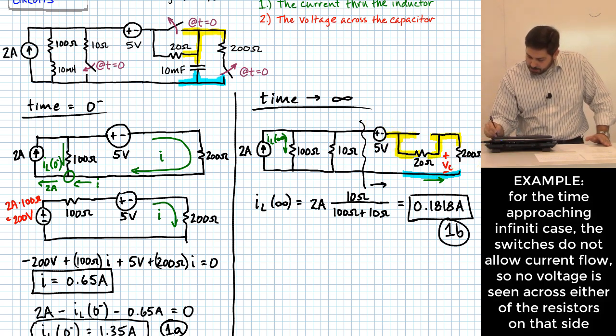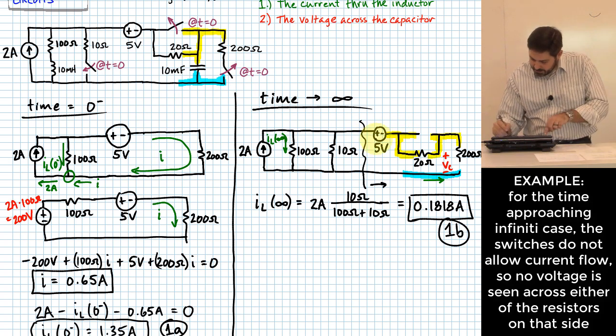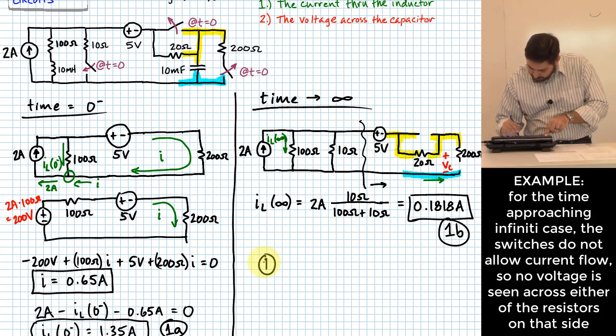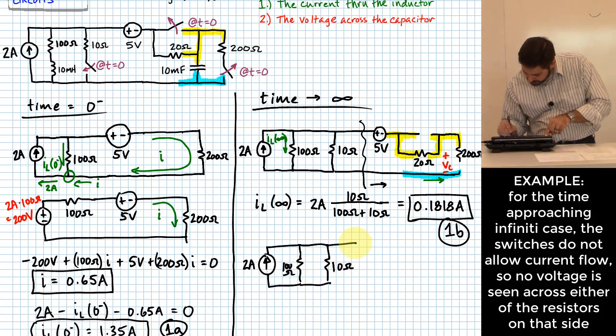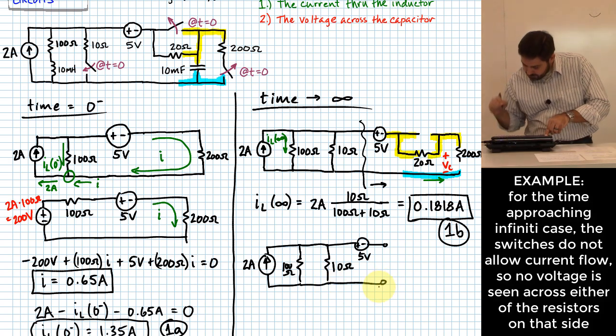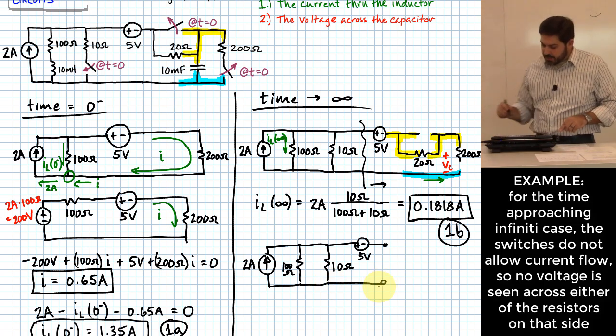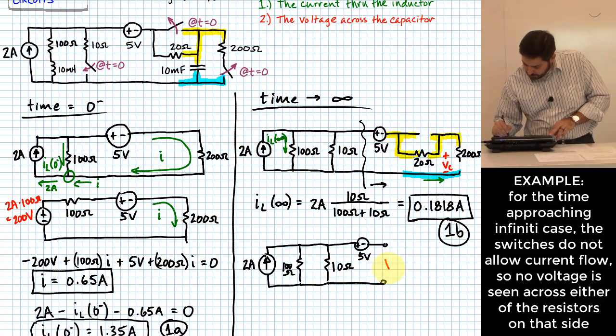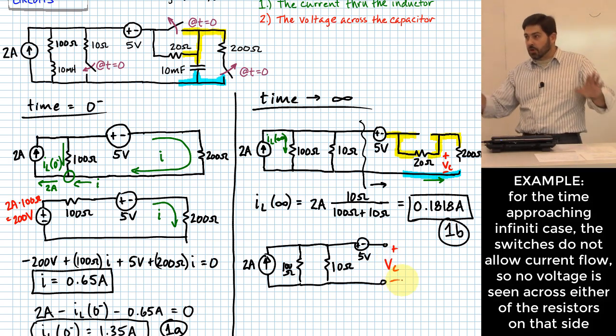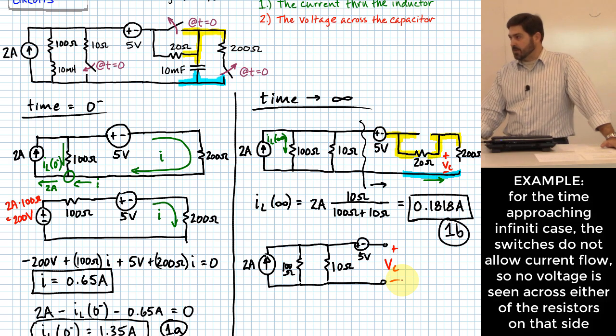I'll draw this circuit a little bit differently, where I've got my 2 amp source going through my 100 ohm and through my 10 ohm, and then going across my 5 volt. But everything after that, since no current flows, I don't care. And this is also going to be my VC voltage, because there's no current that flows over there. That's what I'm trying to drive at.